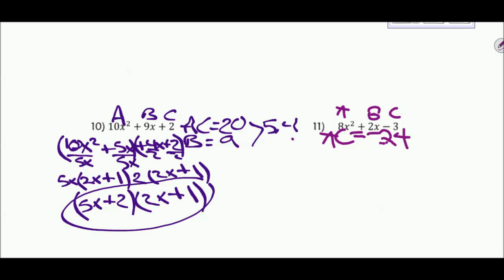And then B equals 2. And then 2 things that come out of negative 24 that add up to equal 2 are 6 and negative 4. And then you write it back out.